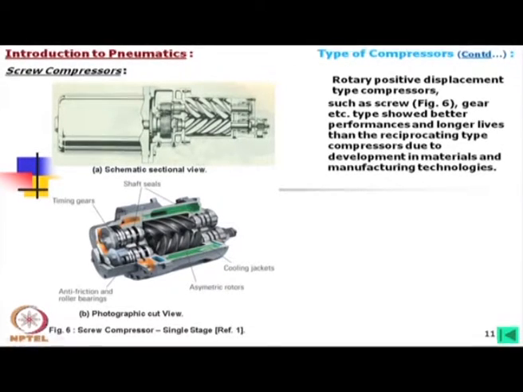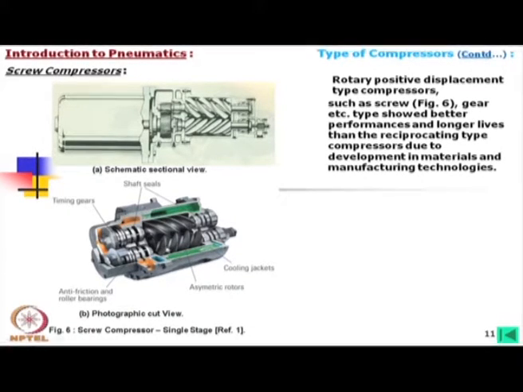The entrapped volume is being compressed, taken in on one side and going out on the other side. That means inlet and outlet are usually axial in the case of the screw type compressor.